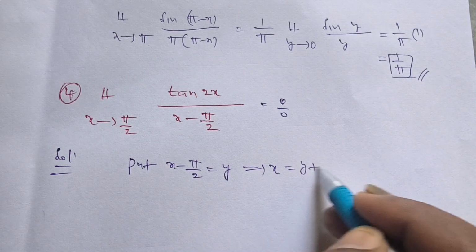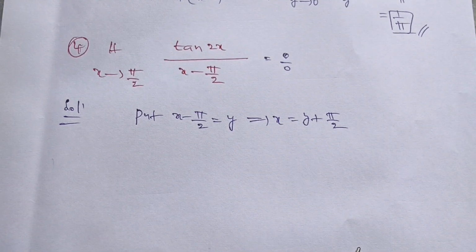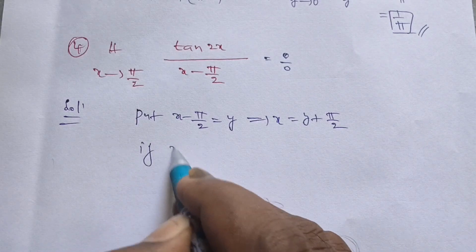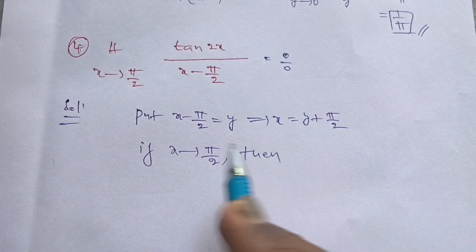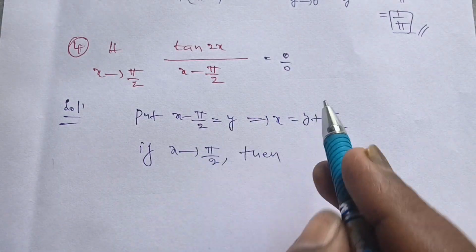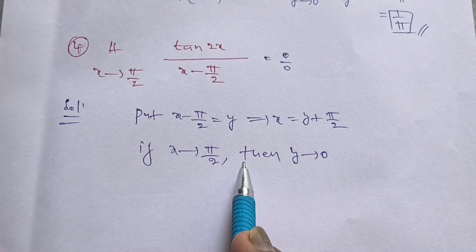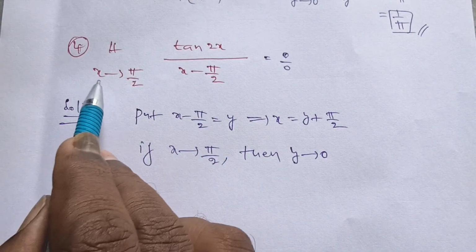Here the substitution is x minus pi by 2 taken as y. From that we have x value is y plus pi by 2. Now given x approaches pi by 2, so if x approaches pi by 2, then y approaches 0, because if we put x as pi by 2 here, we have y value is 0.